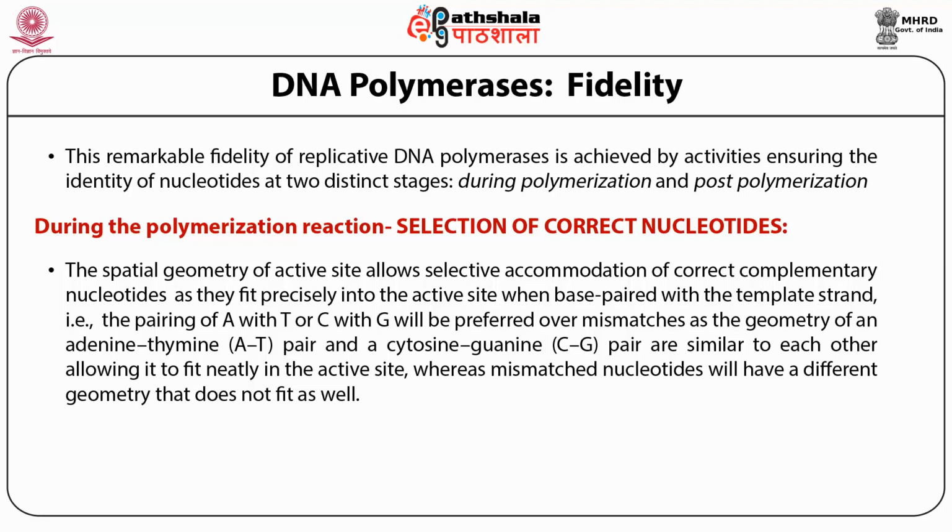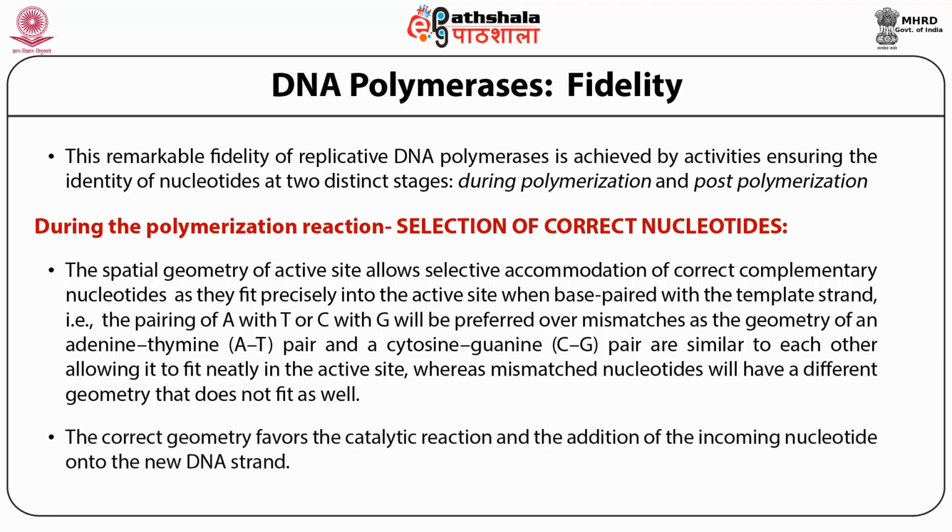That is, the pairing of A with T or C with G will be preferred over mismatches, as the geometry of an adenine-thymine pair and a cytosine-guanine pair are similar to each other, allowing them to fit neatly in the active site. Whereas mismatched nucleotides will have a different geometry that does not fit as well. The correct geometry favors the catalytic reaction and the addition of the incoming nucleotide onto the new DNA strand.